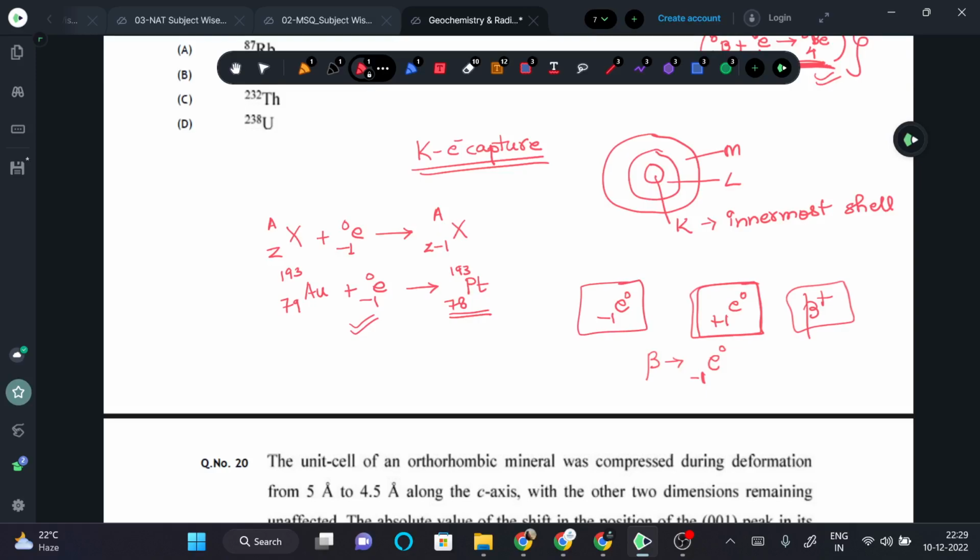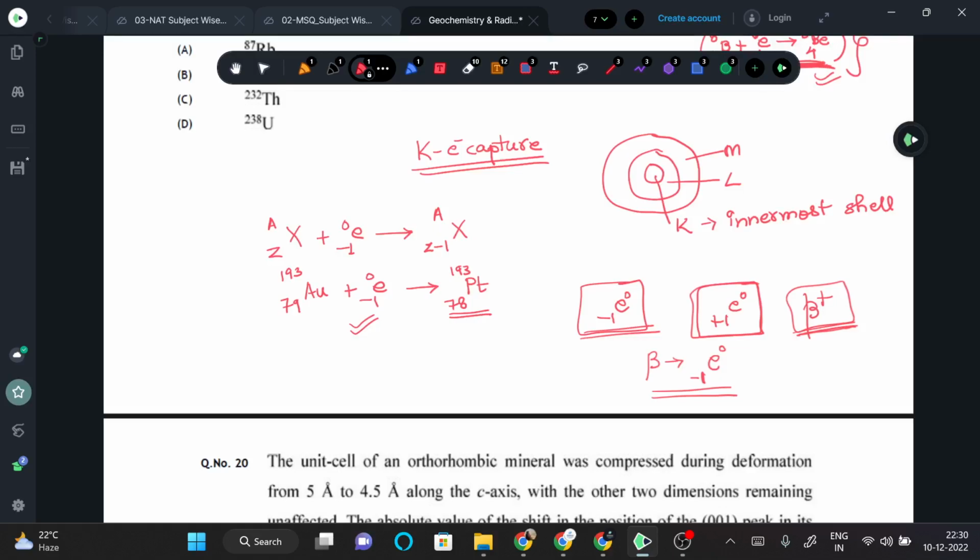All these three involve electrons, but one involves a positron. This positron decay is emitting a positron, this beta decay is emitting an electron, and this electron capture is capturing an electron instead of emitting. Are you clear with these three?